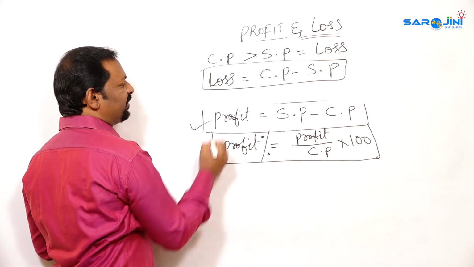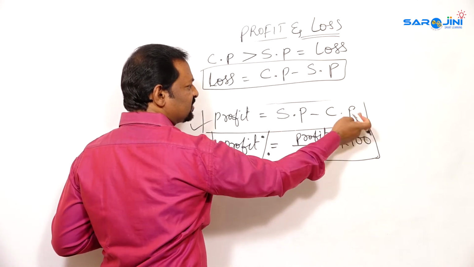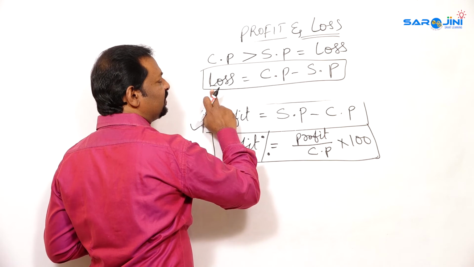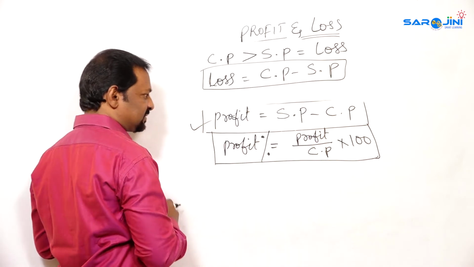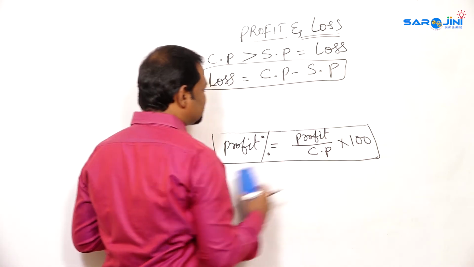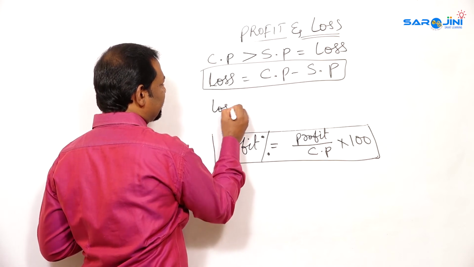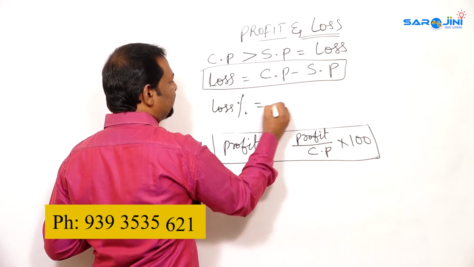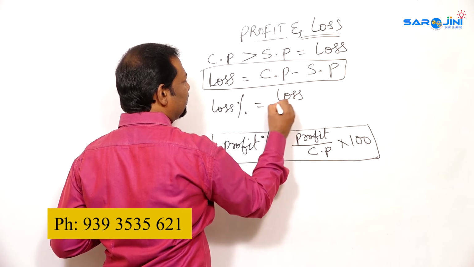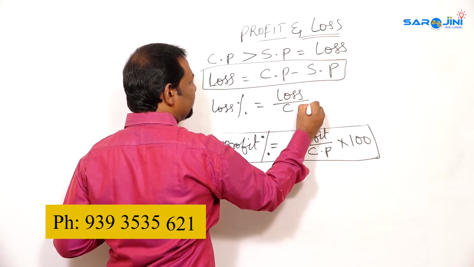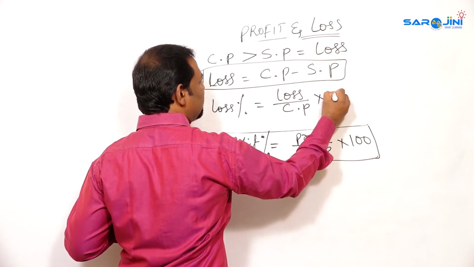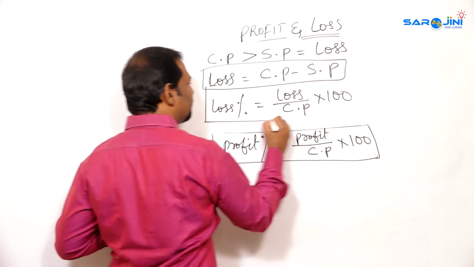In profit, what we did? Selling price minus cost price. In loss, we will do cost price minus selling price. Okay. And next, loss percent. So whatever loss we incurred, by cost price into 100, is the loss percent formula.